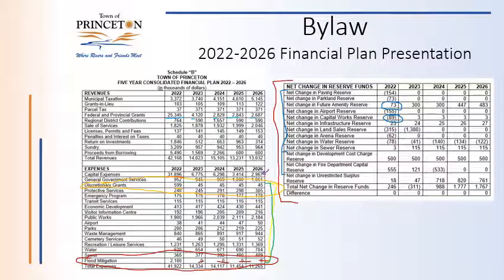A new reserve fund you'll note here is the development cost charge reserve. So the municipality is in the process of implementing development cost charges. That $500,000 estimate comes from the consultant that built the development cost charge in response to what would normally be seen in our municipality. And that's how much we expect to collect.